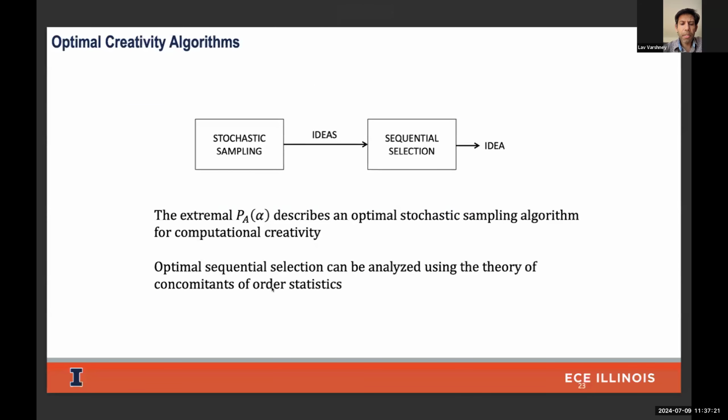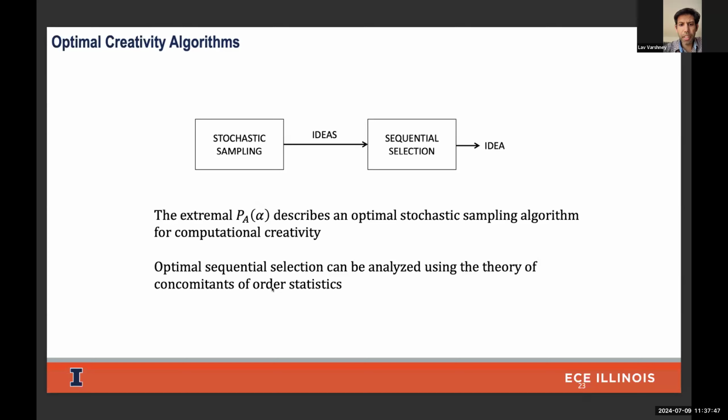Okay, and further, as I was mentioning, just like in communications where Shannon's capacity achieving input distribution actually describes optimal codes, likewise, the extremal P alpha of alpha, this description of an optimal creativity algorithm actually describes what a good creativity algorithm should be.